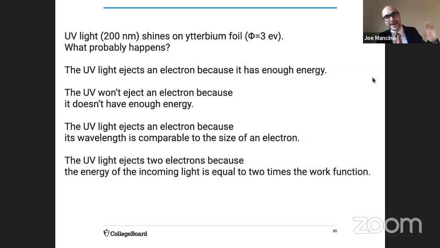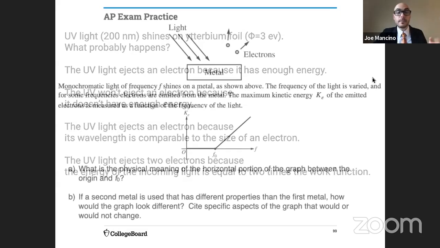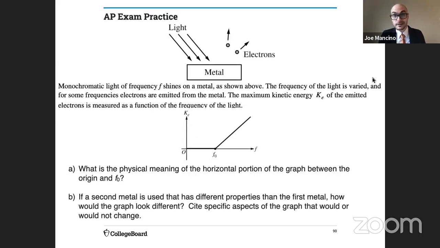So it's not a gamma ray anymore. It's UV light that shines on ytterbium, still with a work function of 3 electron volts. What happens? Take a screenshot of that. We'll start that tomorrow. And finally, monochromatic light shines on a metal like shown above. The frequency is varied and we make this graph.